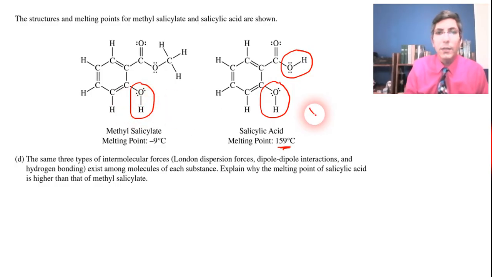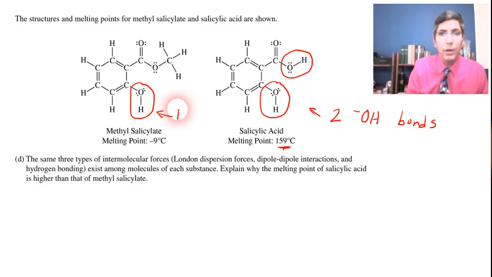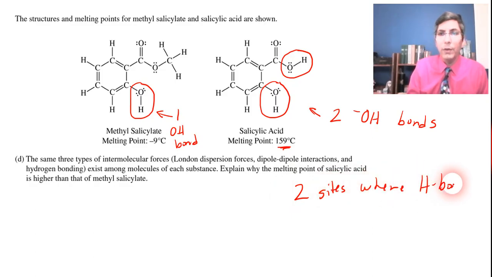So since the salicylic acid has two of those OH bonds compared to only one OH bond over on the methyl salicylate, that tells me that the salicylic acid has two sites where hydrogen bonding can occur.